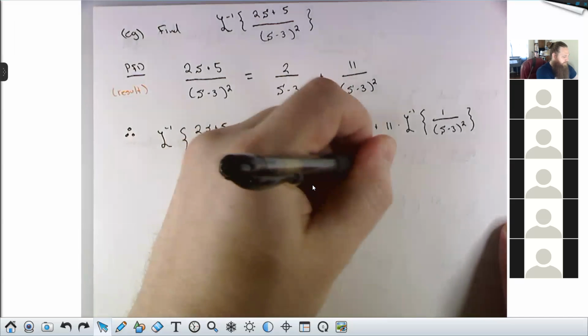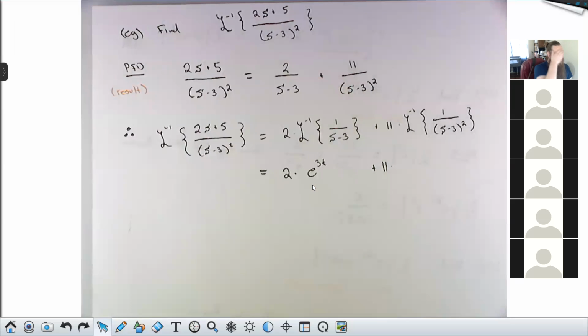And then I'll have plus 11 times the inverse Laplace transform of 1 over s minus 3 squared. And here what you should be thinking of is whose Laplace transform looks like 1 over s squared. So pretend the 3 isn't here.